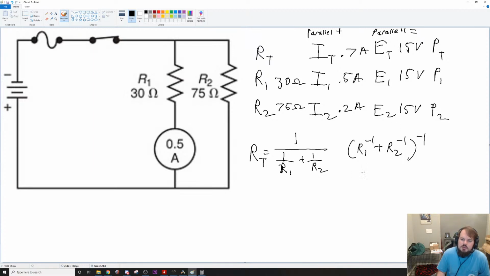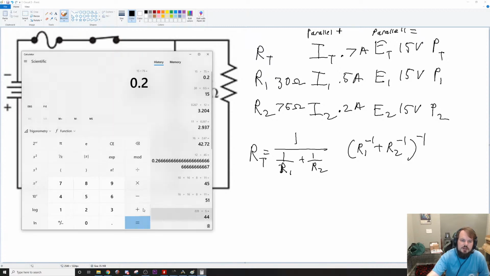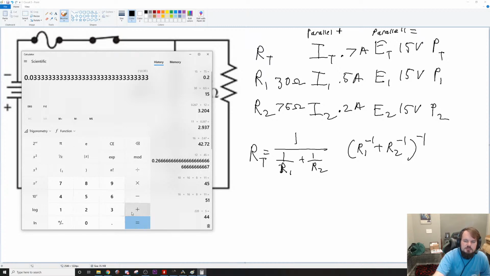So, let's type this into our calculator. Open parentheses, 30, and ignore what is going to pop up as we go. X to the negative 1 plus 75, x to the negative 1, close parentheses, one more x to the negative 1. So 21.43.